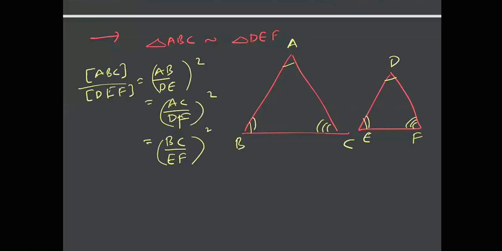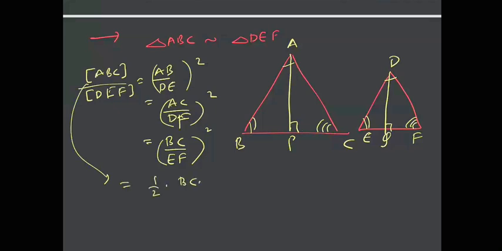Okay, this you can prove similarly by just dropping a perpendicular, fine. And if you write the formulas for the areas, this is half times BC times AP and this is half times EF times DQ.